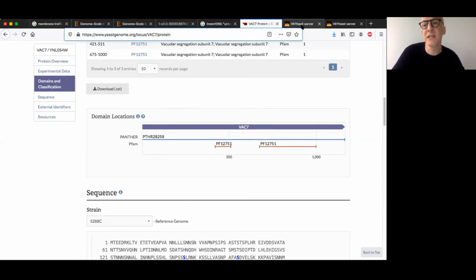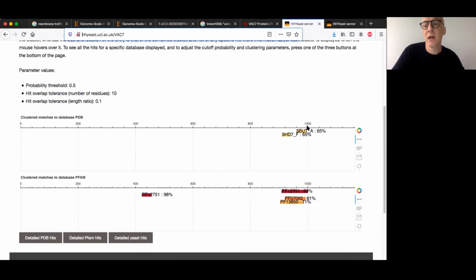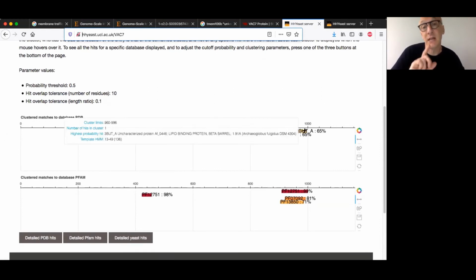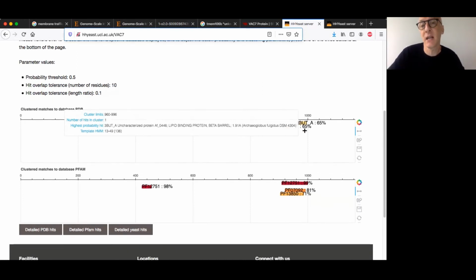But using the HH yeast server, I can link it to this crystal structure, 3BUT, and it's very clear what that is. That's a lipid transfer protein. So this is exactly the sort of protein I was looking for all along, involved in lipid sensing and lipid traffic inside cells.